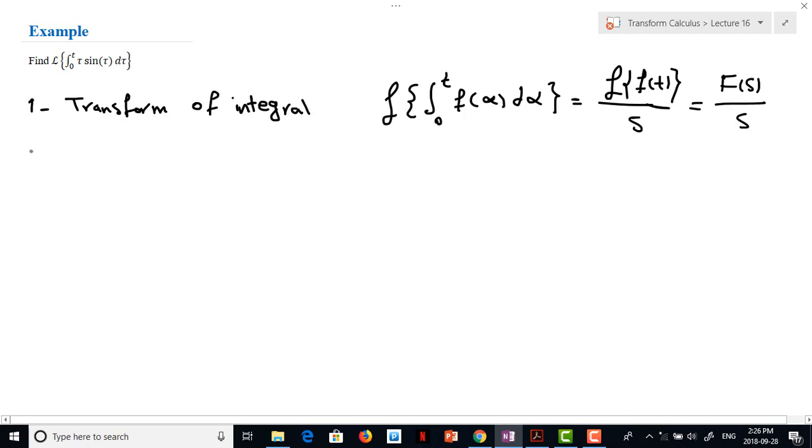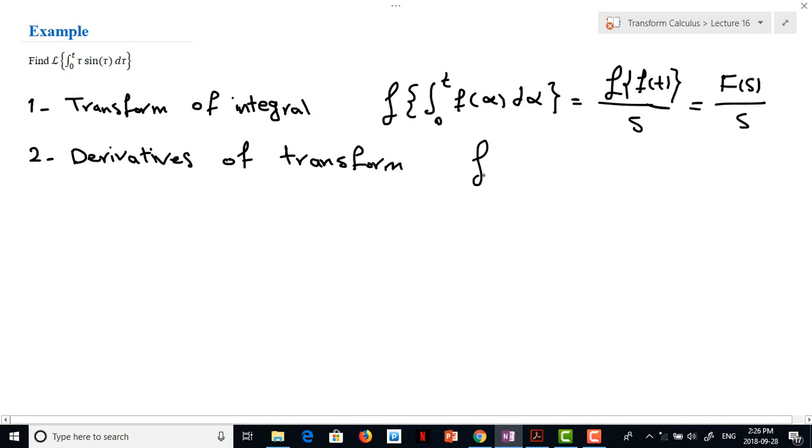The second property that we have to use is the derivative of transform. We had it in the last lecture.